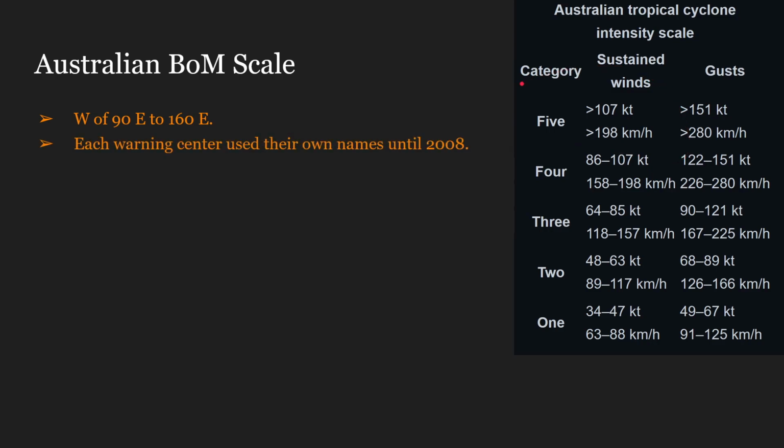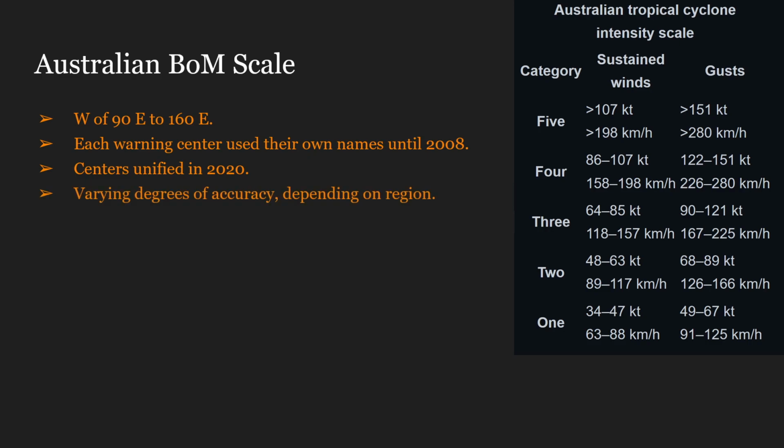Note that each of the, I believe, 5 warning centers in Australia actually used their own name lists until 2008, which would have been hella confusing if they went into a different center's region of influence, I guess. Certainly would not have liked that. And the warning centers are actually not unified until 2020, which thank goodness they are now.